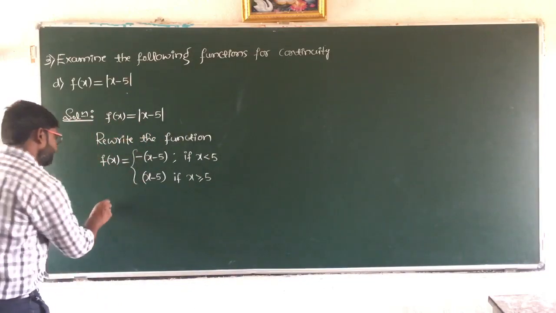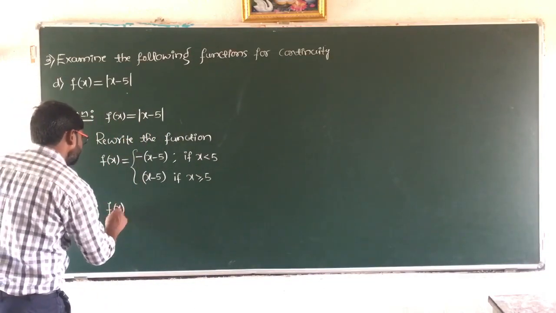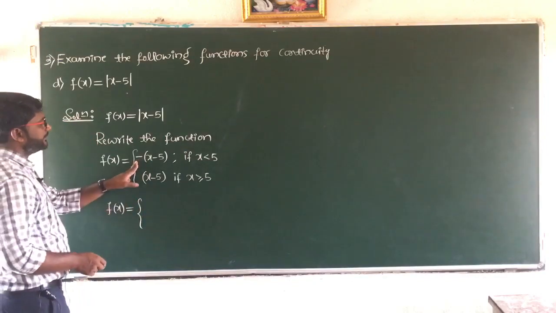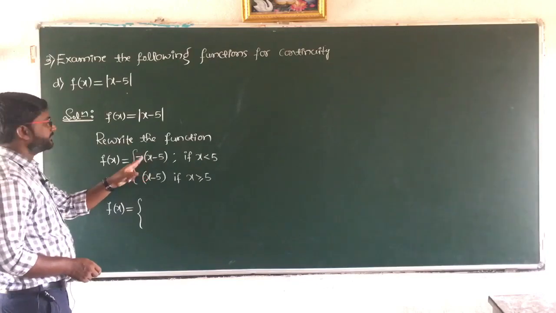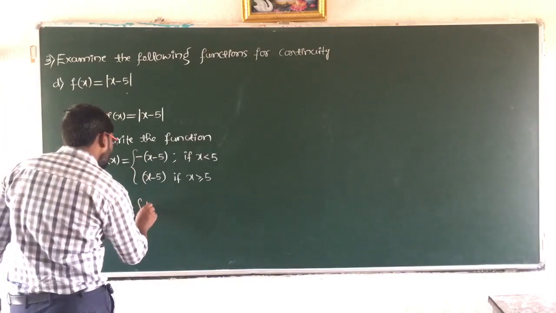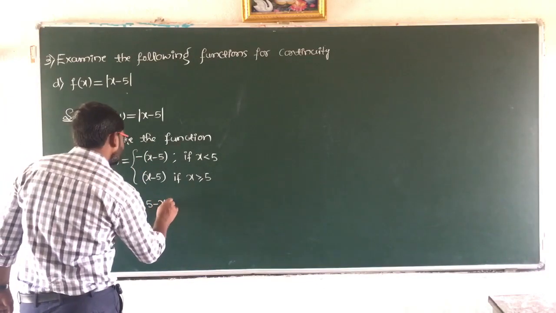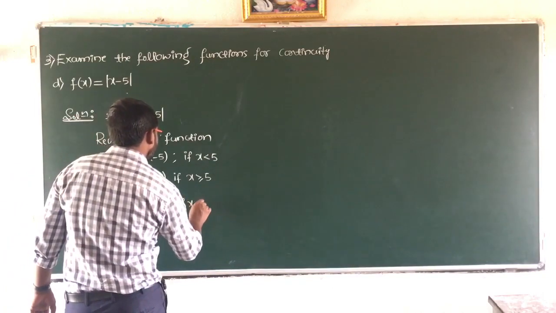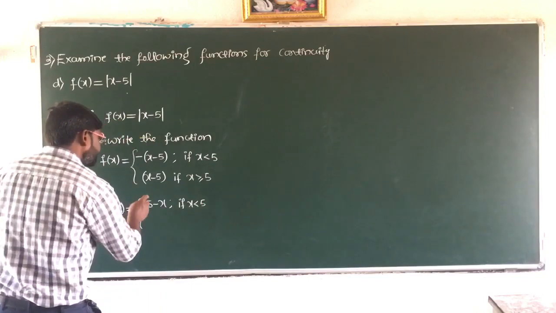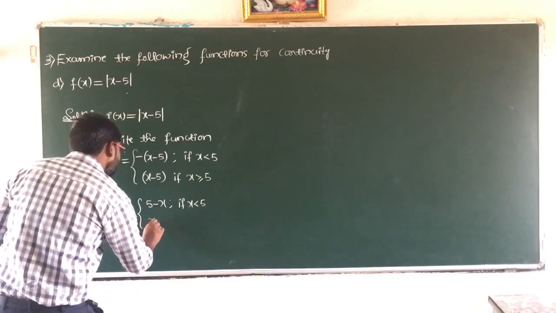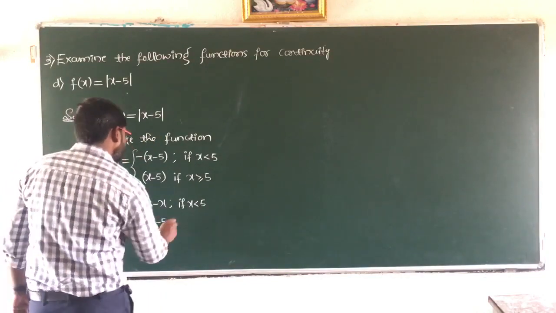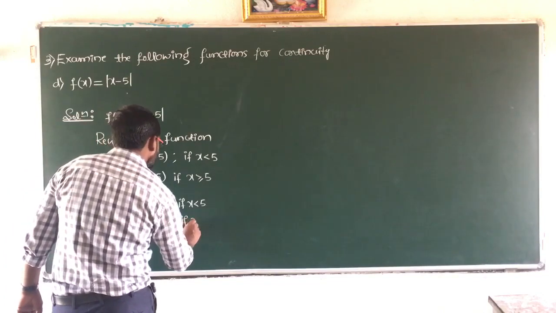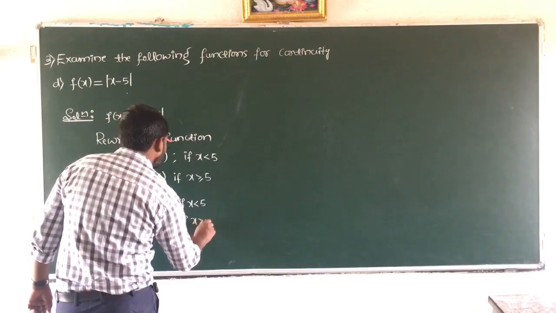So we'll simplify this now. f of x is equal to, multiplying the minus inside, minus into x is minus x, minus into minus is plus. So overall we get 5 minus x if x is less than 5, and x minus 5 if x is greater than or equal to 5.